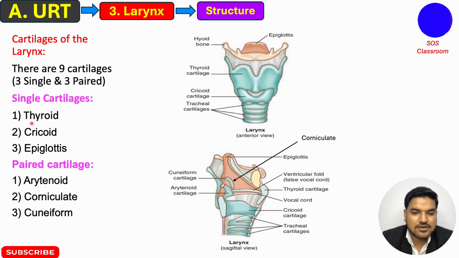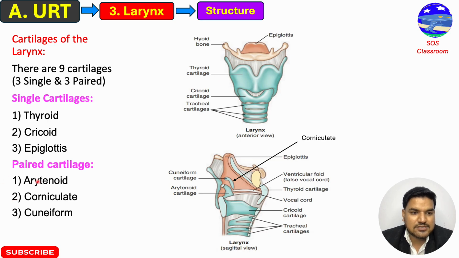First you can see the thyroid cartilage. This portion is called the thyroid cartilage. We will discuss it in detail, but first see the 9 cartilages. This is the thyroid cartilage. Just below it is the cricoid cartilage. Next is the epiglottis cartilage, closing the glottis portion.